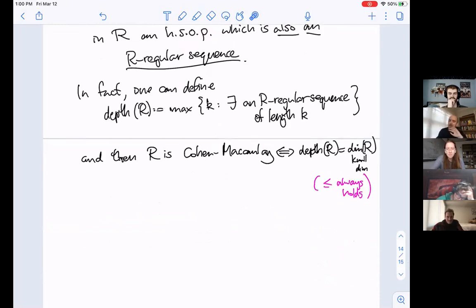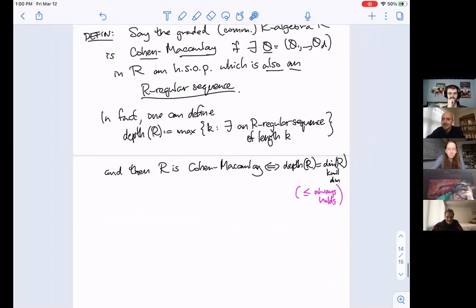Okay, so we know what Cohen-Macaulay means. It means you've got a regular sequence that's as long as it could possibly be. But here's the weird thing. Note the quantification, the existence of a system of parameters which is a regular sequence. Part of the magic of Cohen-Macaulay rings is the following assertion, maybe one of the most important things.